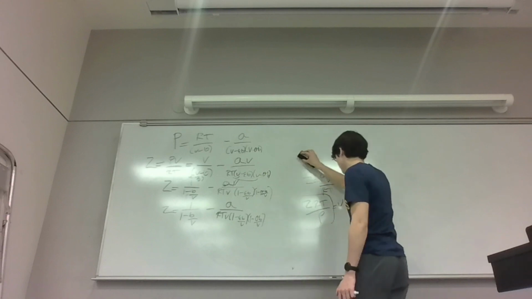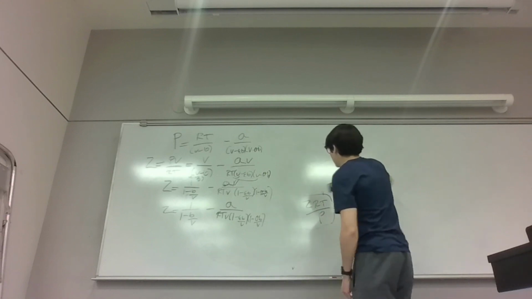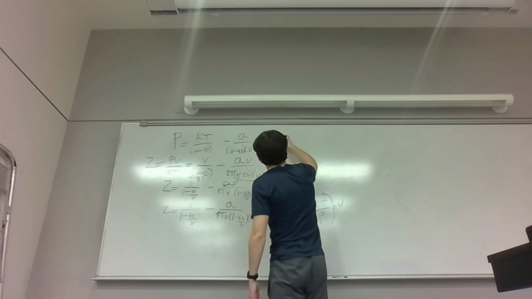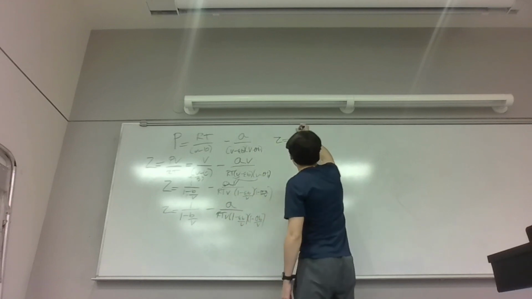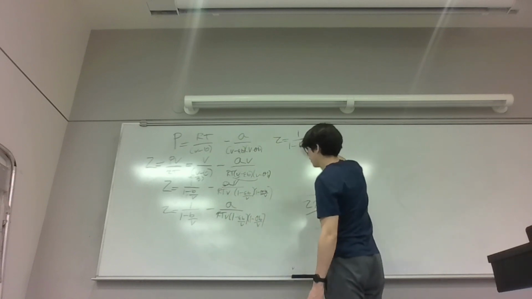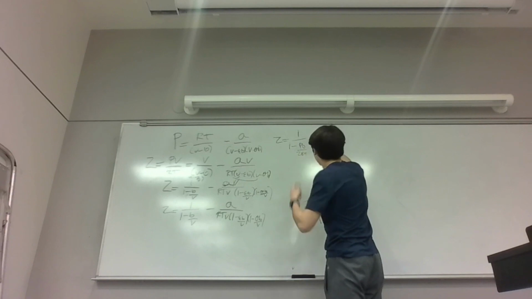So we'll go back up here. We'll have Z equal to 1 over (1 minus b over the inverse of V), so it'd be Pb over ZRT.